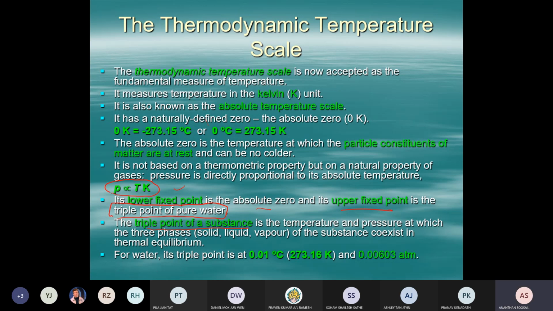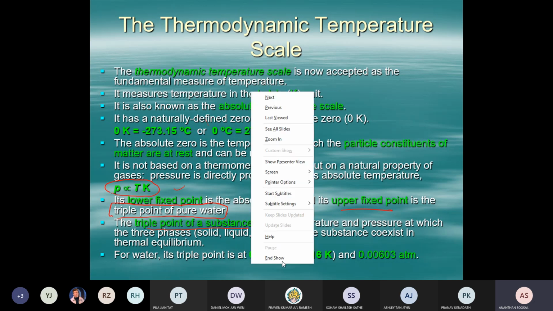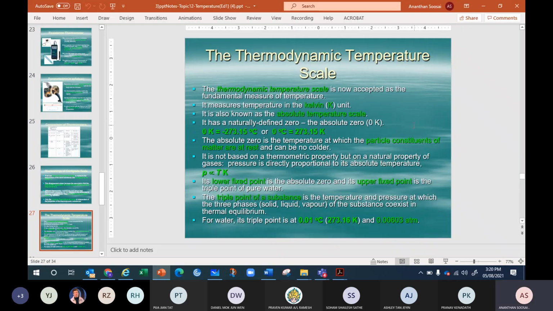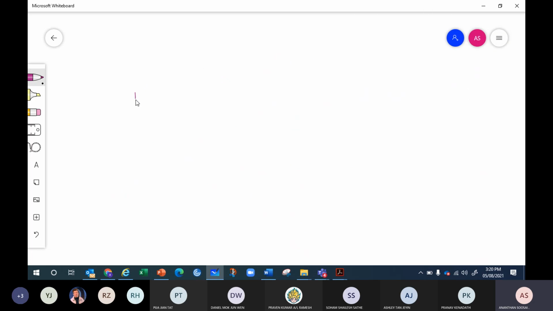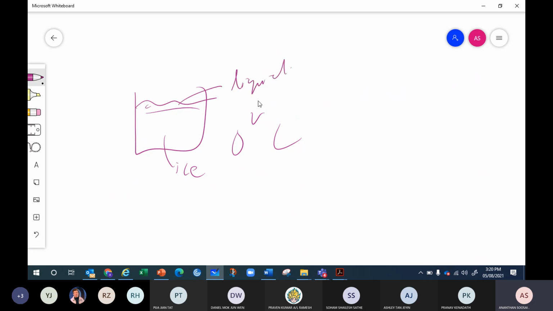Okay, you might think it sounds funny. How can ice, water, and steam coexist together? Can they coexist together? We know that at 0 degrees Celsius, the ice can coexist together with the liquid water.